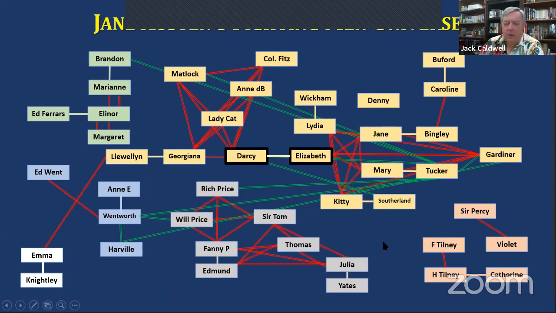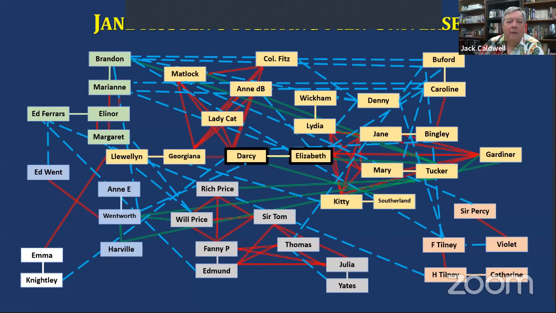So you have that, but then you also have friendships. And so you can see this whole thing has turned into a virtual spider's web of connections between people throughout the whole group there. So this is what holds this whole universe together.